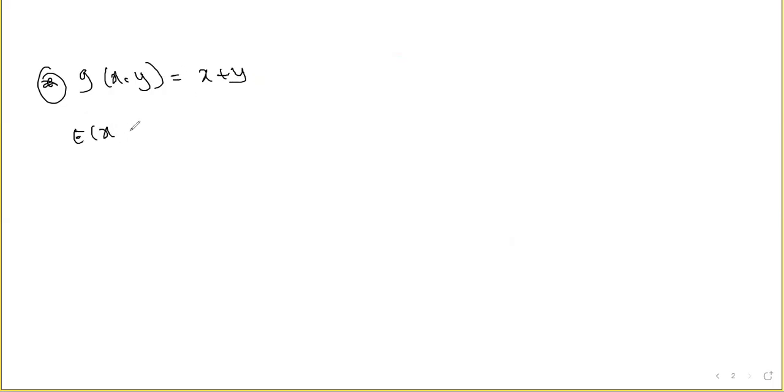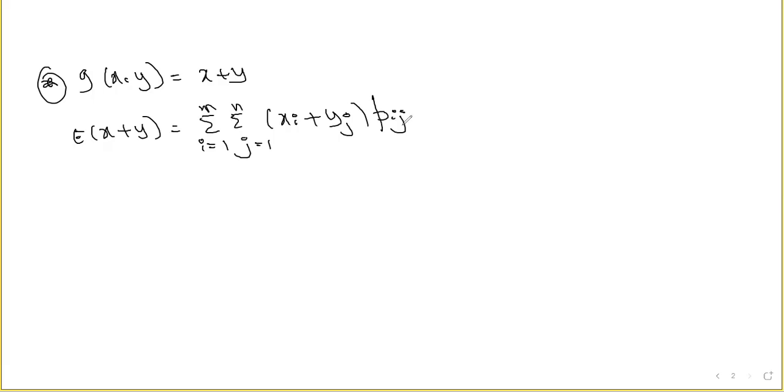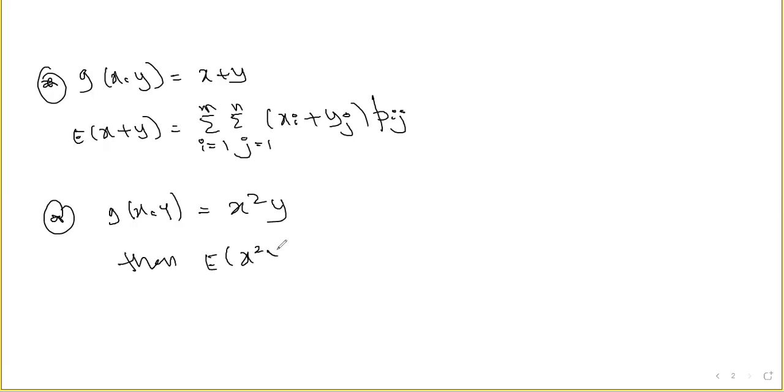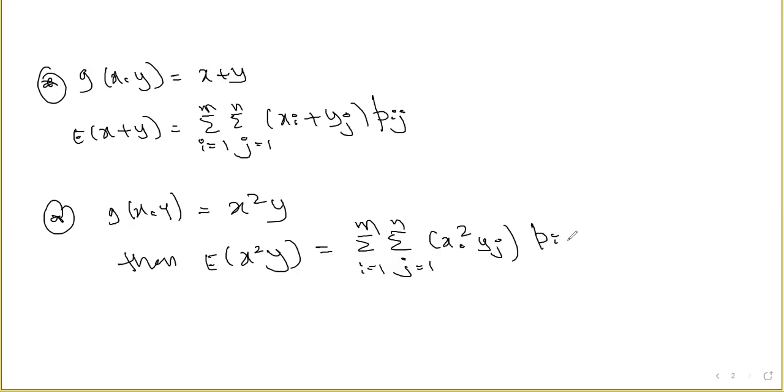Then the expected value of x plus y is the double summation, i running from 1 to m and j running from 1 to n, of xi plus yj into pij. Suppose g of x, y is x square into y, then the expected value of x square into y is the double summation, i from 1 to m and j from 1 to n, of xi square, yj into pij.